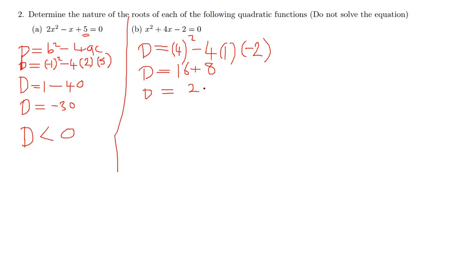Let me write it properly. Okay. So since D is positive, then D is greater than 0. So when D is greater than 0, we conclude to say this given expression has real roots.